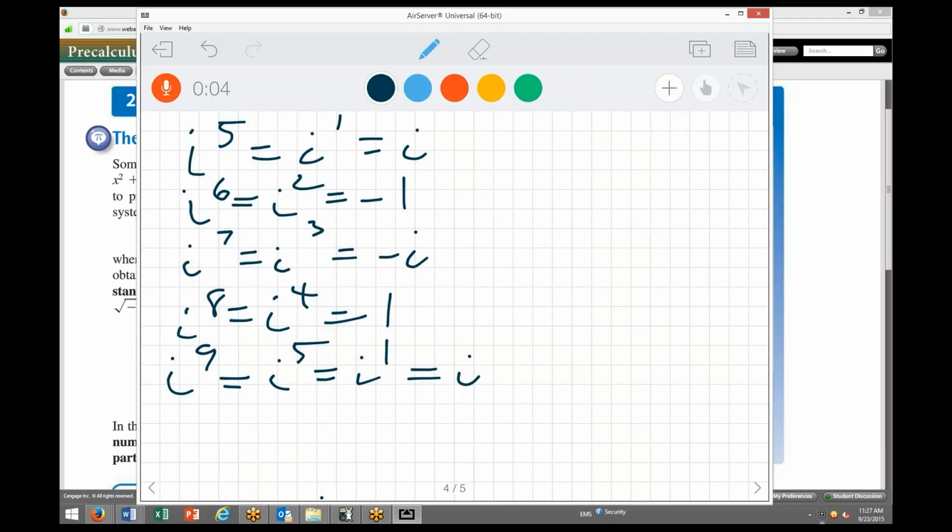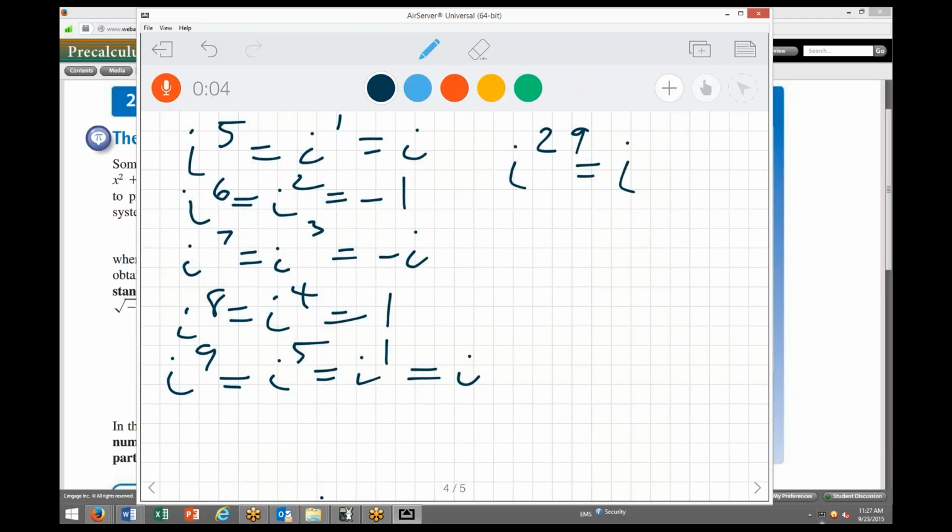So you can tell, for instance, i to the 29th power, all you have to do is take 29 divided by 4 and see what the remainder is. Well, 29 divided by 4, 4 goes into 28 7 times with a remainder of 1. And the remainder is what counts.